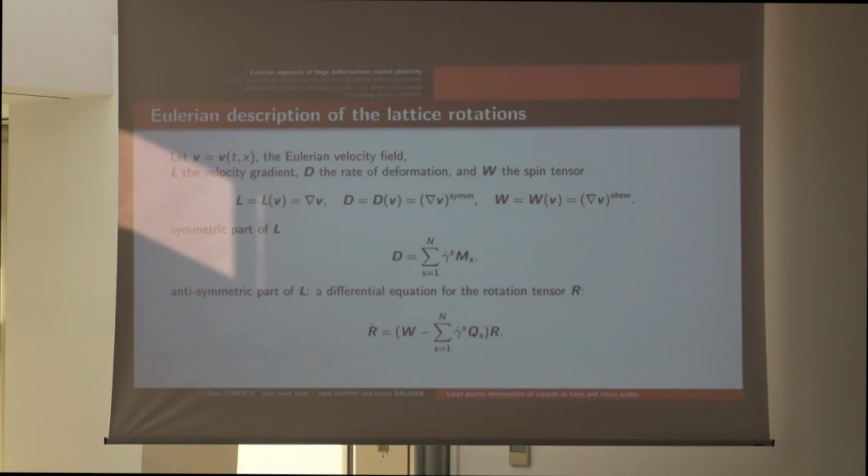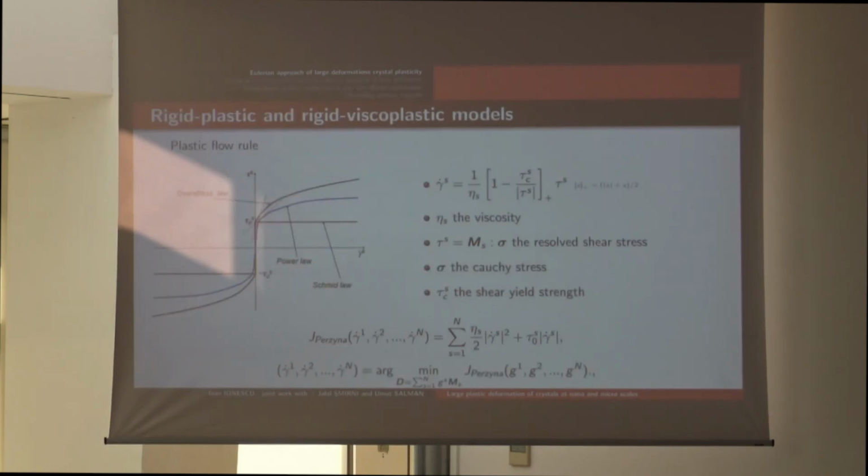Now, how do we do this decomposition of the strain rate onto the slip systems? This is done with a viscoplastic or rigid plastic law, which relates each slip rate to the resolved shear stress.